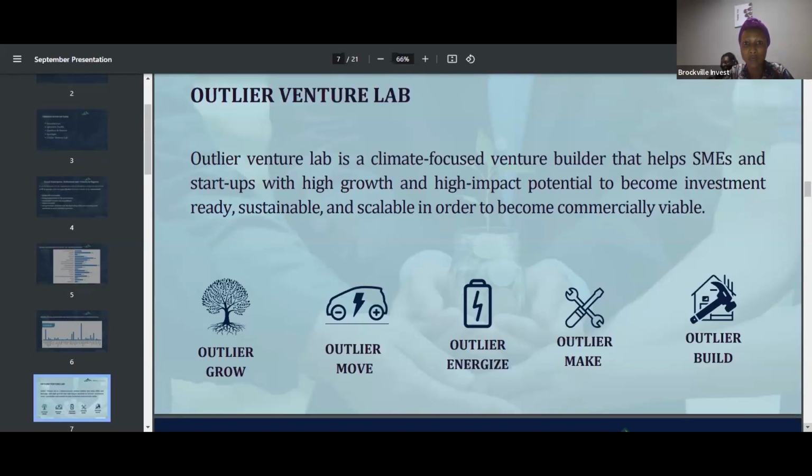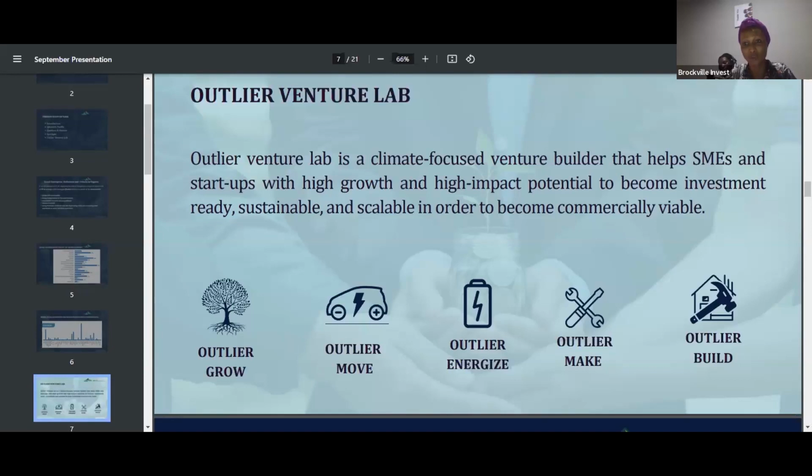We help you to close the gap, thereby taking your business to the next level, that is making it sustainable and also scalable and also profitable as well.